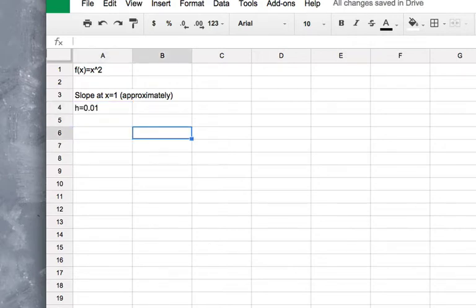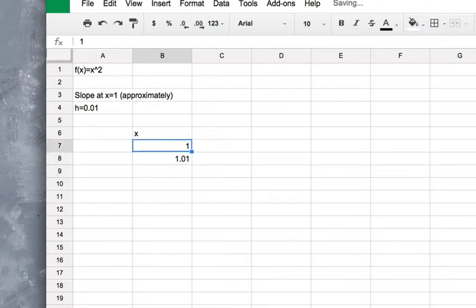Okay, so what we need is our x values, and we need two of them because we're just going to approximate the slope of a secant line from x equal 1. And we want to go over by h, so that's going to be equal to the previous cell plus 0.01.